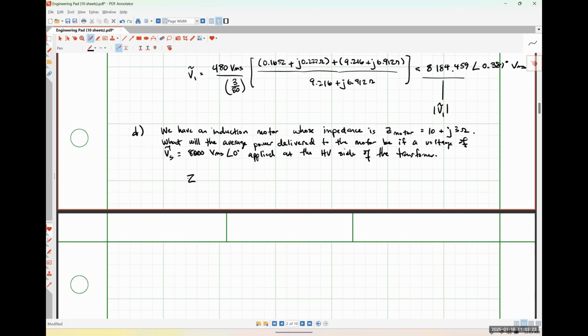So let's say that Z motor P, for primary impedance. How would we do that? Divide by A squared. Absolutely right. So this is going to be 10 plus J3 ohms over 3 over 50 quantity squared.